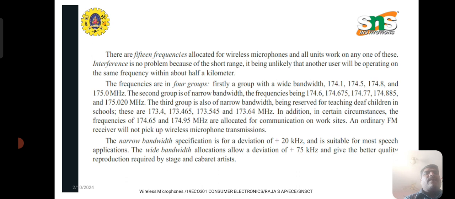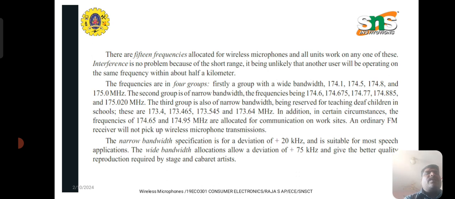The first group is a wide band of 174.1, 174.5, 174.8 and 175 MHz, and the second group is of narrow bandwidth: 174.6, 174.675, 174.77, 174.885 and 175.020 MHz.